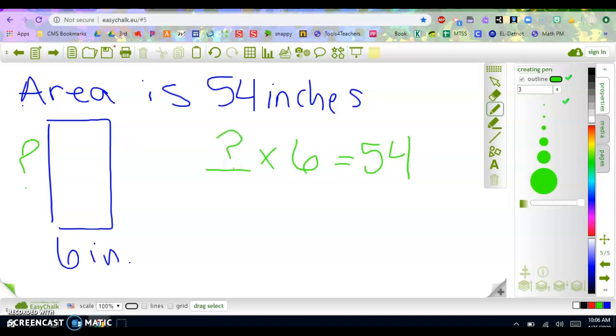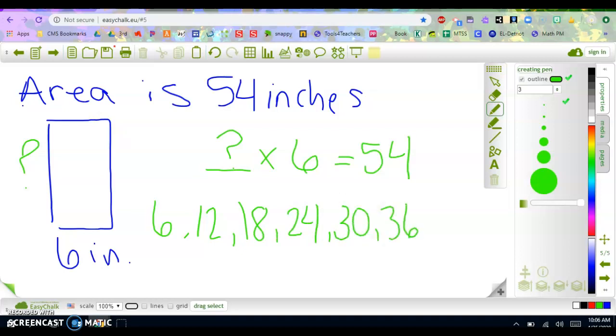So the question is asking me, well, how much is one of the long sides? So if I'm looking, I notice that it's a 6 times multiplication table. So in order to find my answer, I need to be skip counting by sixes. So 6, then 12, 18, 24, 30, 36, 42, 48, and 54.